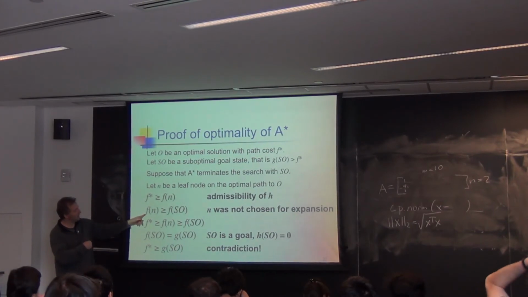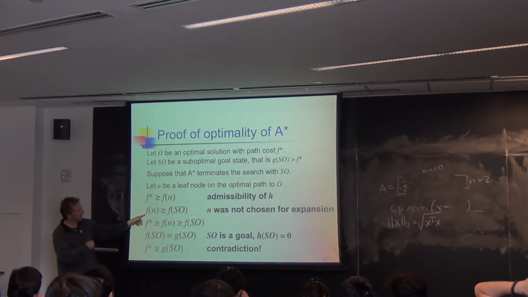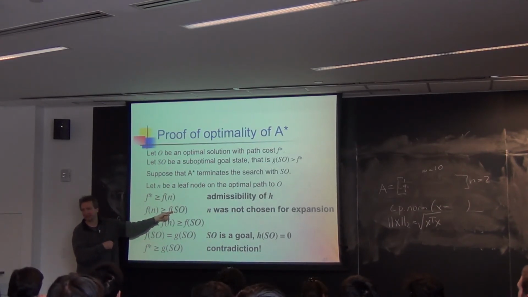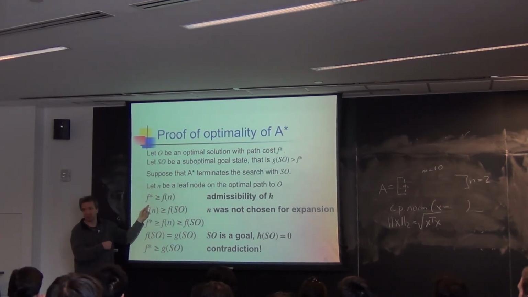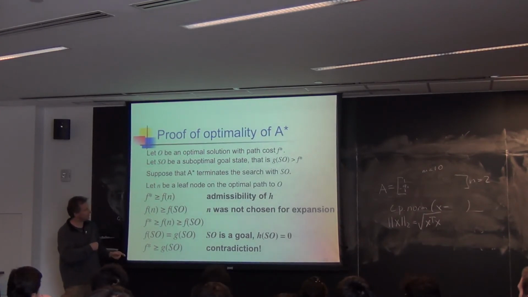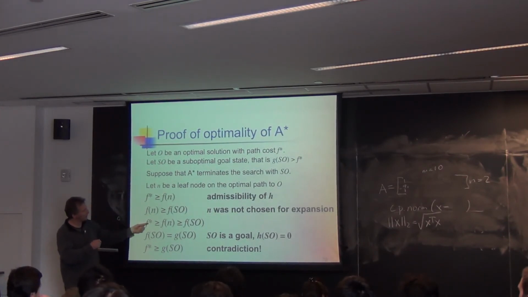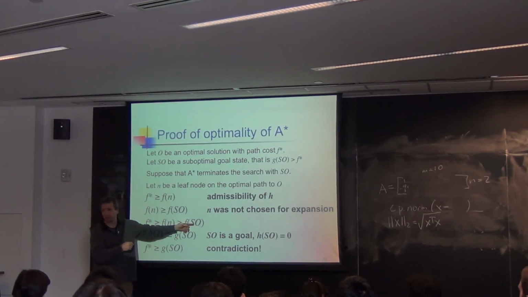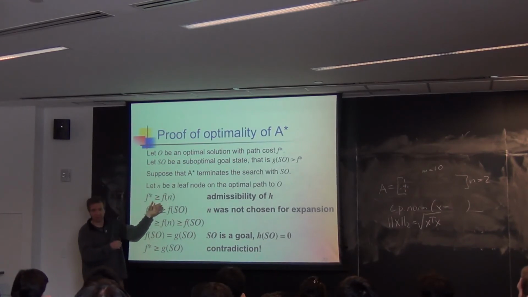And F of N has to be greater or equal to F of S of O because S of O was selected. Remember when we were always picking the minimal one. So F of S of O got selected for expansion, not F of N. All right, so we know that F star is going to be greater than or equal to F of N, and F of N is going to be greater or equal to F of S of O from these statements.